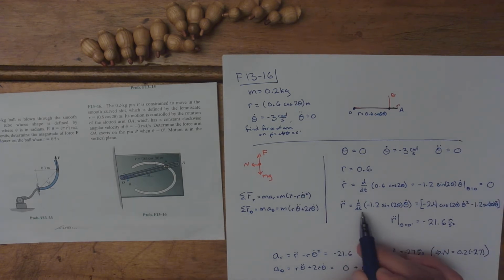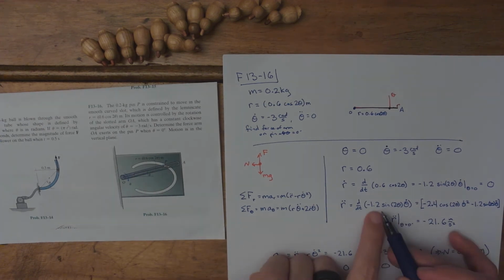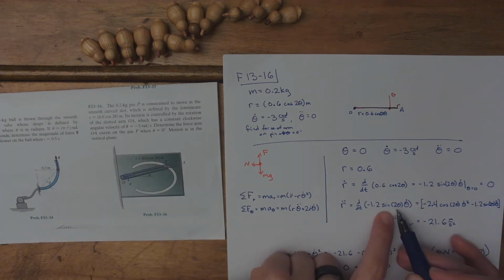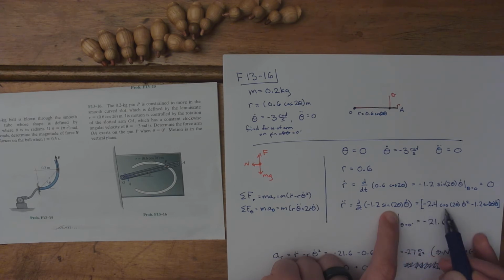Then for r double dot, I have to take another time derivative of this. I have to use the product rule along with the chain rule. So for the product rule, I have -1.2 times the derivative of sine of 2 theta with respect to t times theta dot. When I take a derivative of sine 2 theta with respect to t, I get cosine of 2 theta times 2 theta dot from using the chain rule. So that becomes -2.4 cosine of 2 theta.